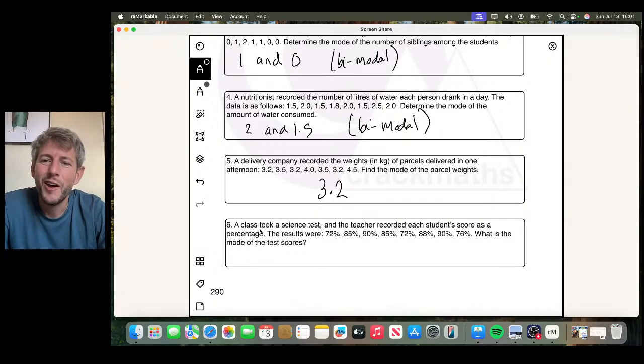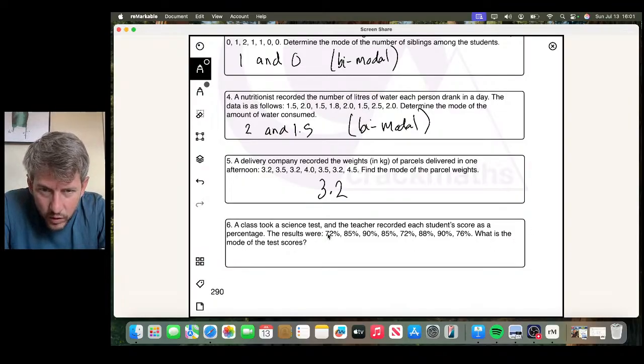Question 6. A class took a science test and the teacher recorded each student's score as a percentage. The results were 72%, 85%, 90%, 85%, 72%, 88%, 90%, 76%. What is the mode of the test scores?